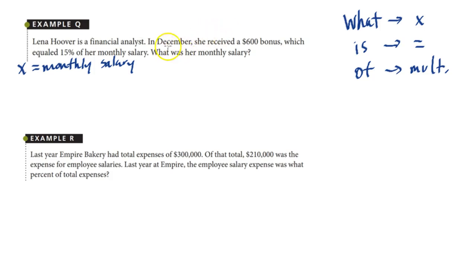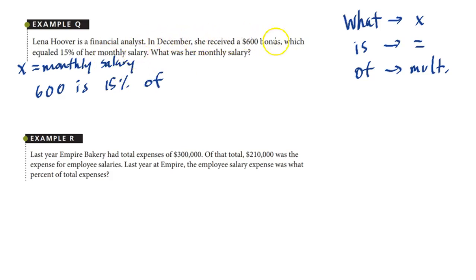And let's just read this middle sentence here. In December, she received a $600 bonus, which equaled, so that's our equal sign, the $600 bonus is 15% of the monthly salary.